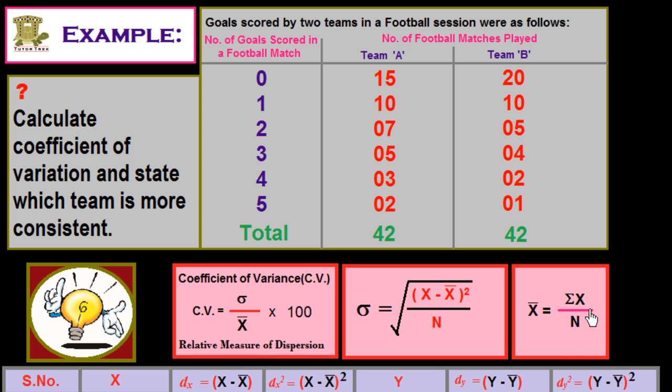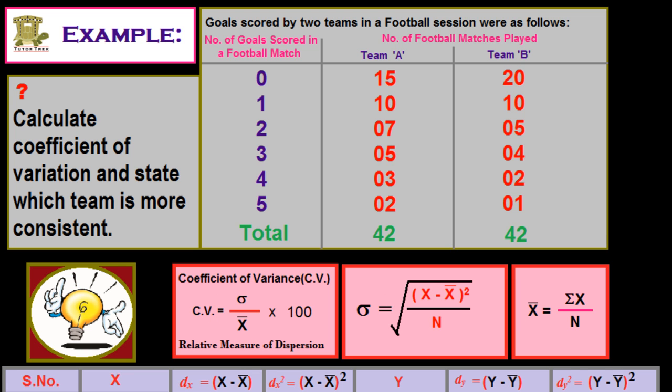So first we have to find x bar. When we get x bar, we will find the standard deviation, where we need the mean. So we calculate sigma. When we have these two things, sigma and x bar, we put these values in the formula of the coefficient of variation and find it.